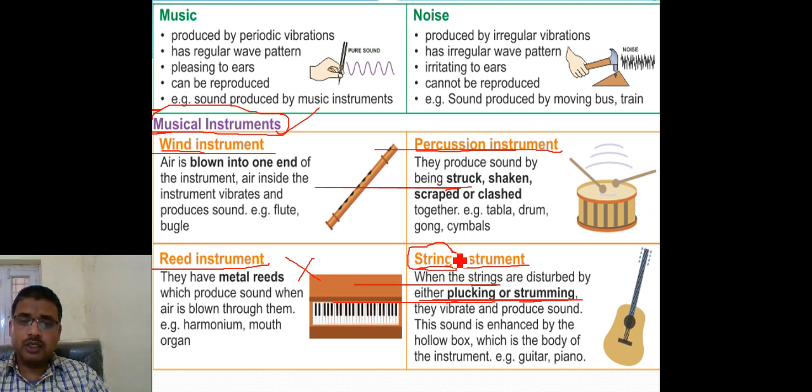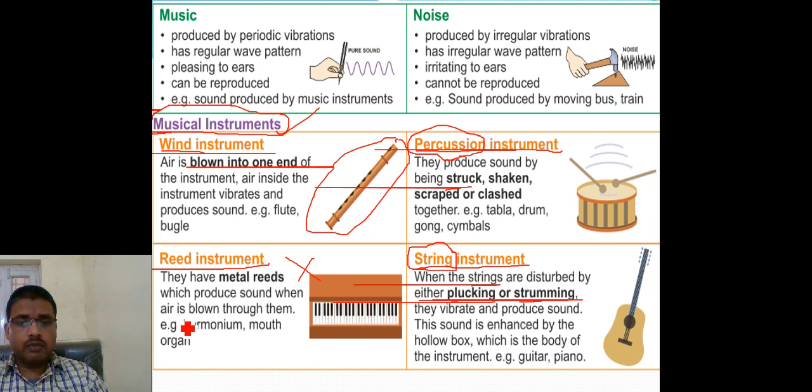Here the percussion means you hit the instrument, and here only the wind should be produced, so that this kind of thing produces an instrument. Another thing is the metal reed, which produces sound when air is blowing through them.